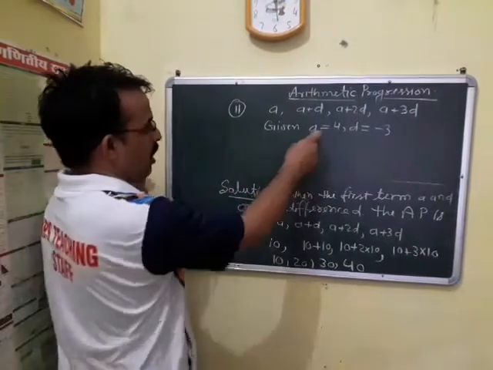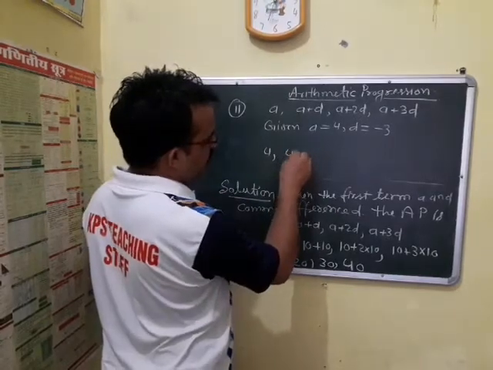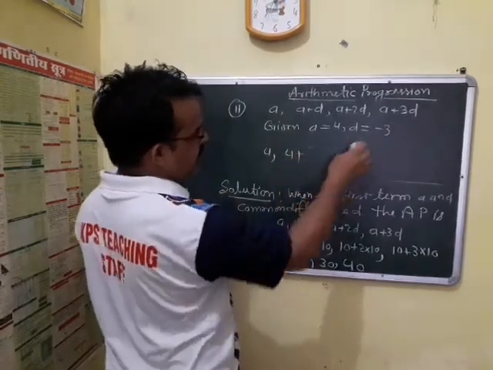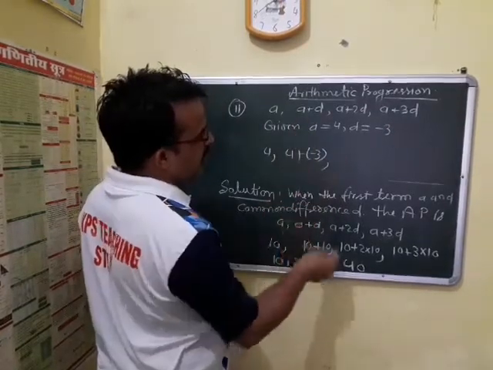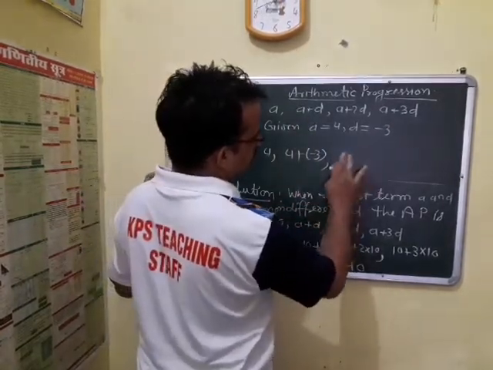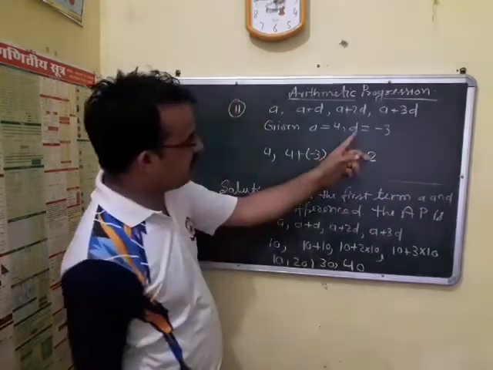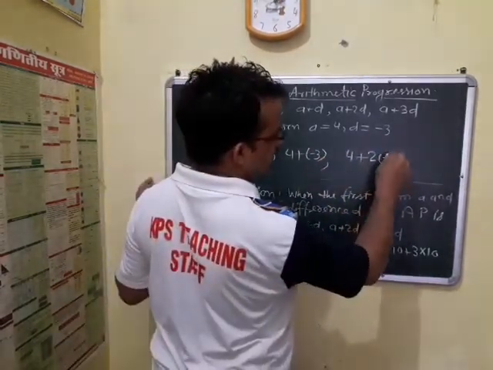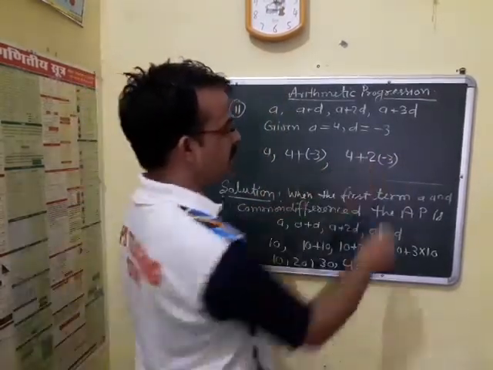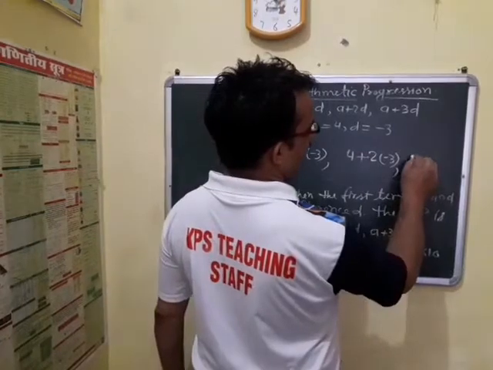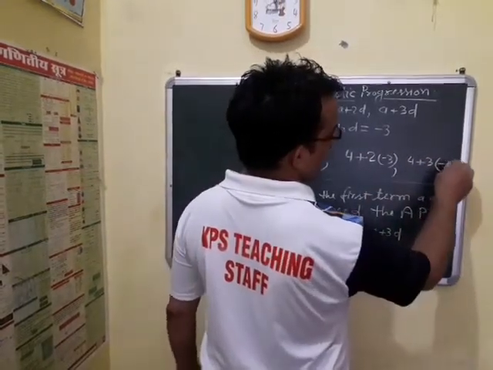Now A is equal to 4, plus D's value minus 3. This one is the second: A plus D means 4 plus 2 and D's value minus 3. This one is the first, second, third, and the fourth one is 4 plus 3 and D's value minus 3.